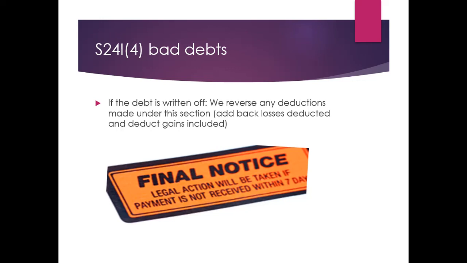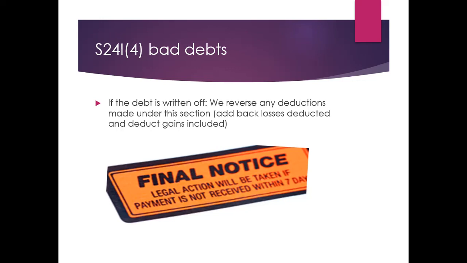However, having said that, if that debt is written off, the consequence is simple. It's just a reversal of what you did before, in the year that debt was written off. Let's say, for example, in year 1 you had a gain that you included, in year 2 you had a loss that you deducted. Now in year 3, you wrote off that debt. That gain you just deduct, that loss you just add back.